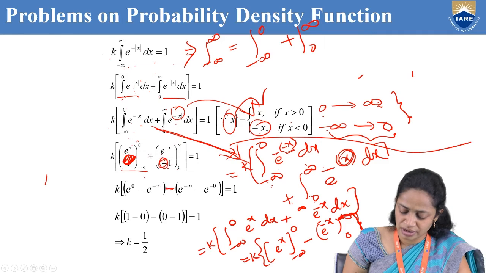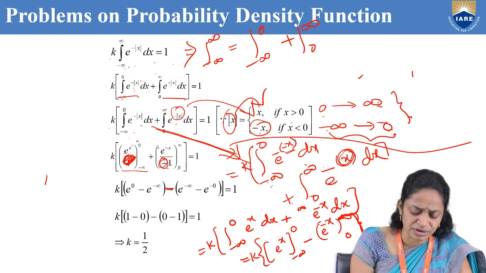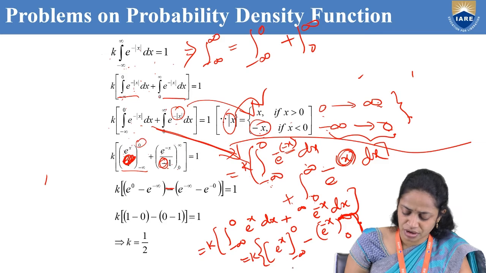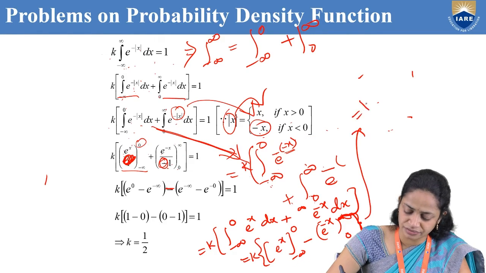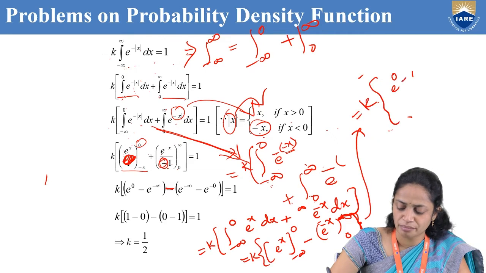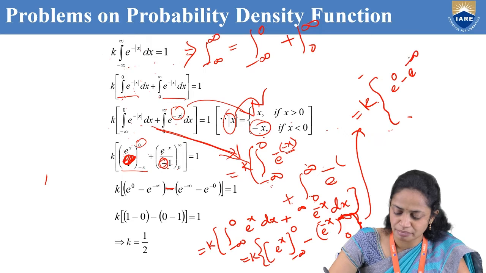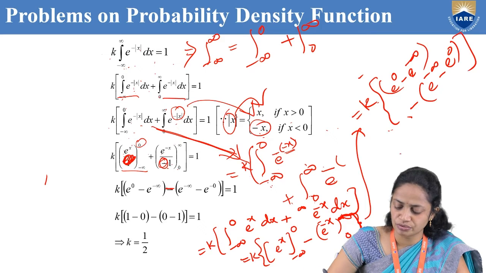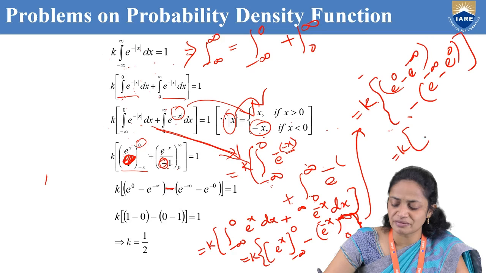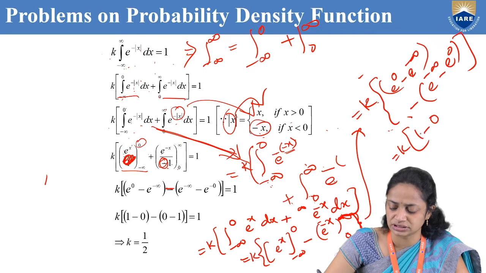Okay, so for this, first I am substituting the upper limit. So k times, the first upper limit gives e power 0, minus the lower limit, e power minus infinity. We know that e power 0 is 1 and e power minus infinity is 0.